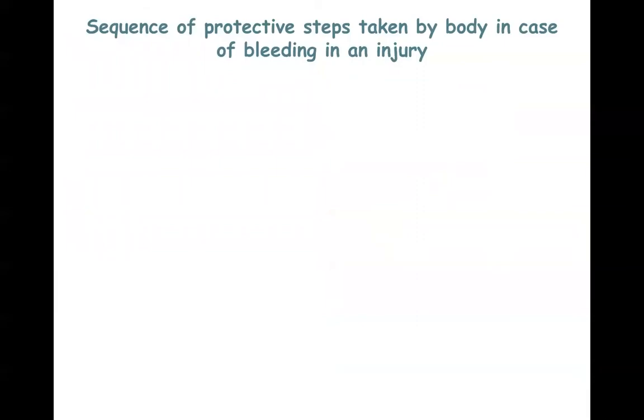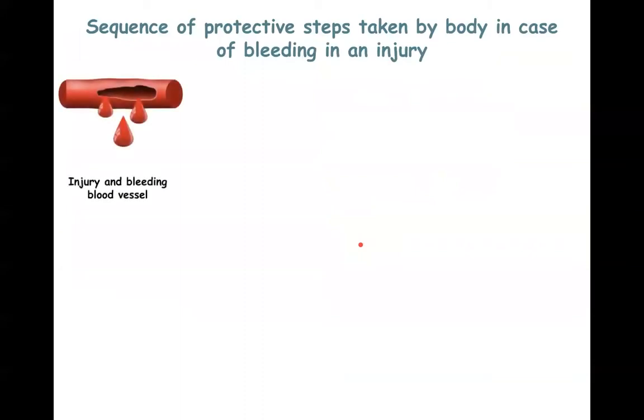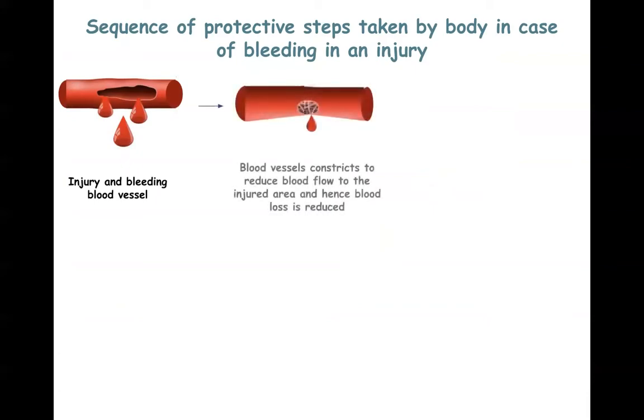Now, what is the sequence of protective steps taken by the body when a bleeding or an injury takes place? When we have an injury or a bleeding blood vessel, the first thing your body does is constrict the blood vessel. It reduces the diameter of the blood vessel so that the blood flow to this injured area can be reduced.